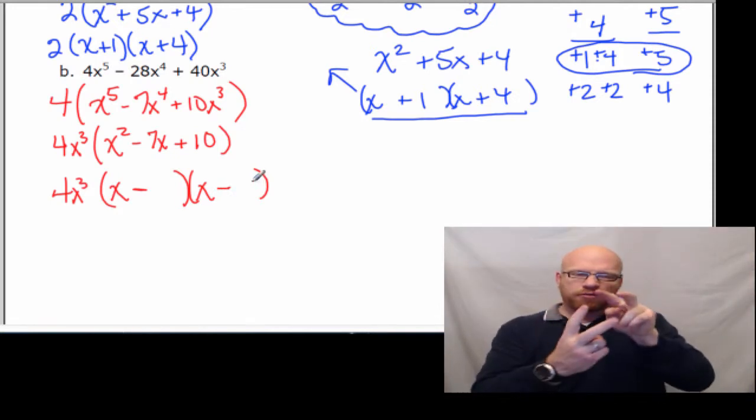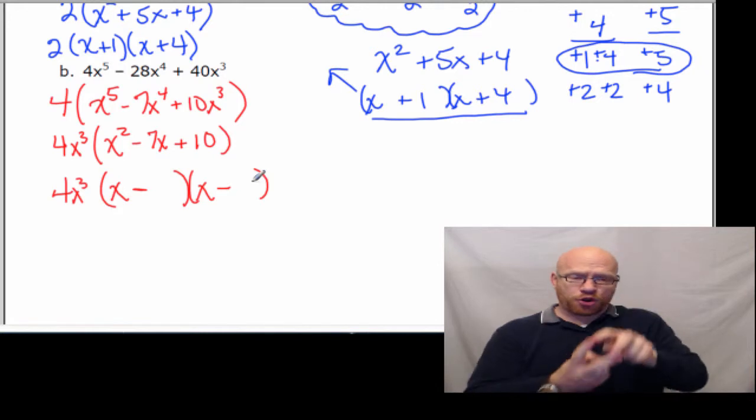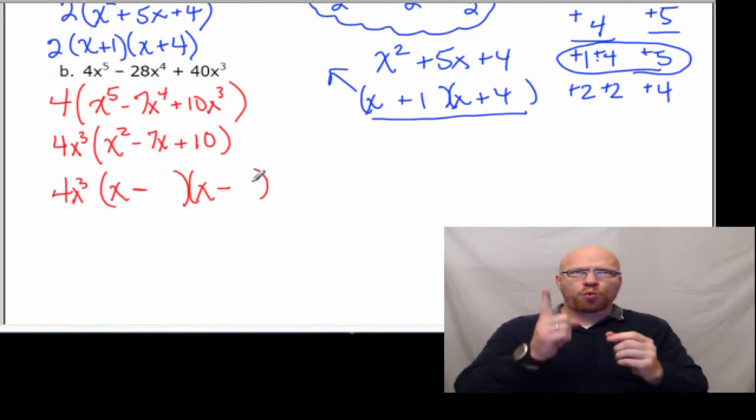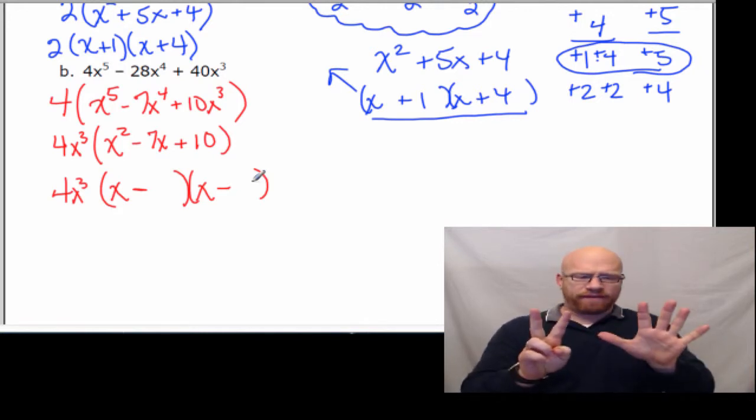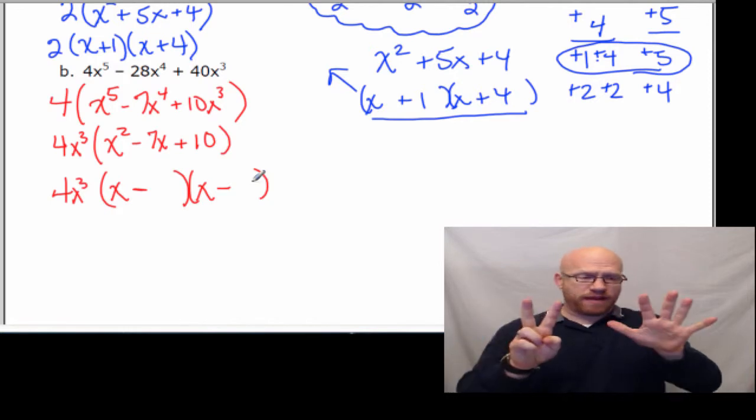I automatically know that the pairs of 10 can be 1 and 10, or 2 and 5. I know they're going to be negative for sure.